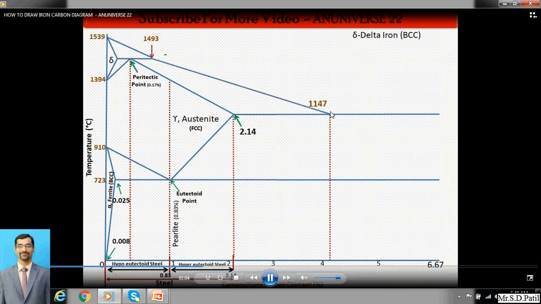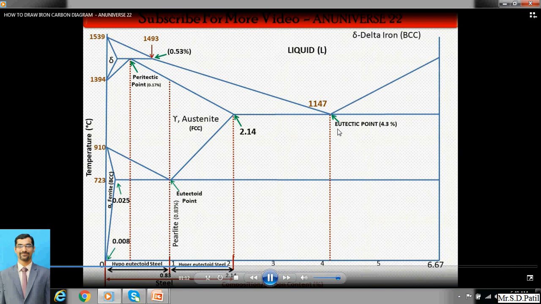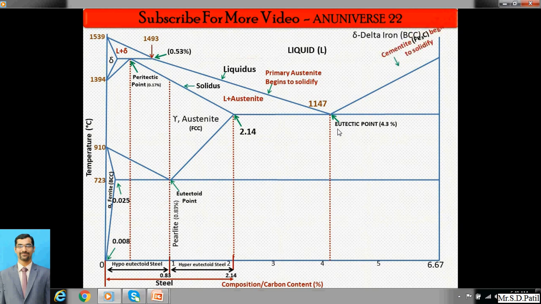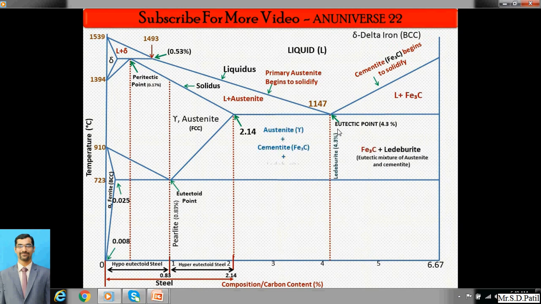And here will be the eutectic point at 4.3% of carbon. So at 0.17% of carbon, the peritectic point will be there. At 0.8% of carbon, the eutectoid point is there, and at 4.3%, the eutectic point will be there.